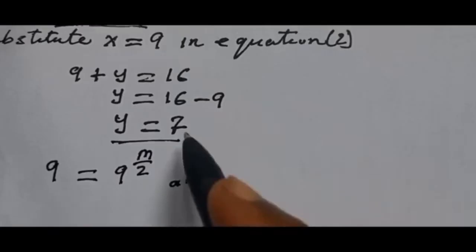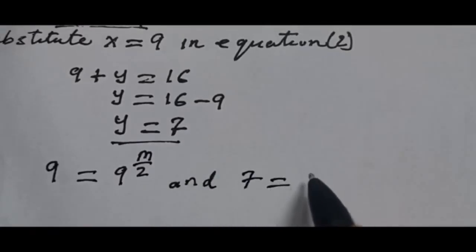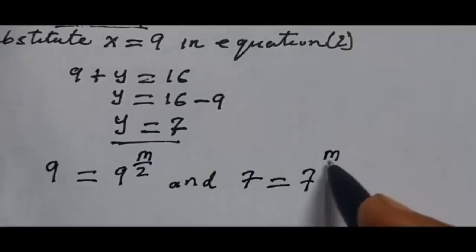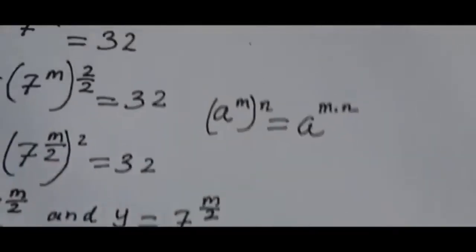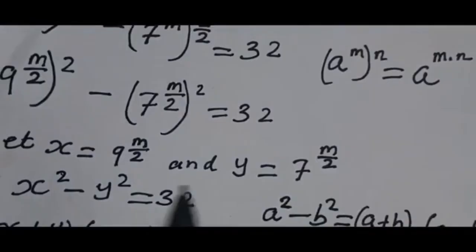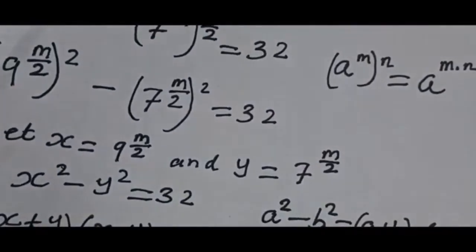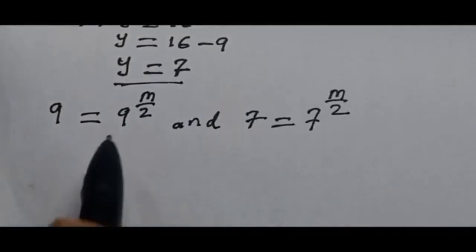And y, the value of y is 7, equals 7 raised to m over 2. We get this one from here. Here we have written 9, and here we have written 7. That is what you see here.